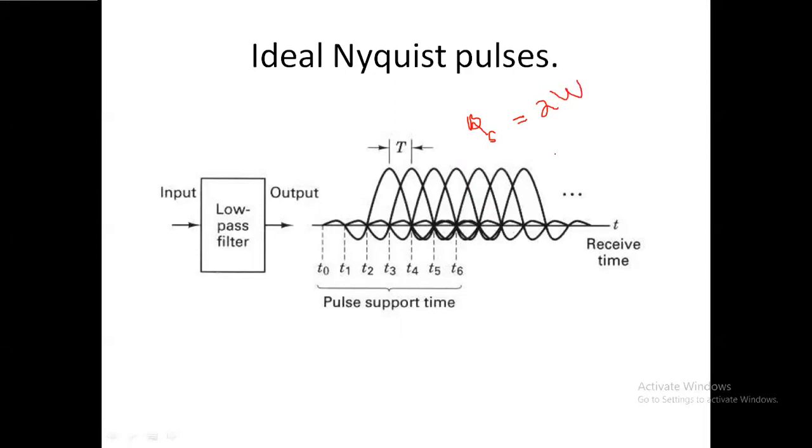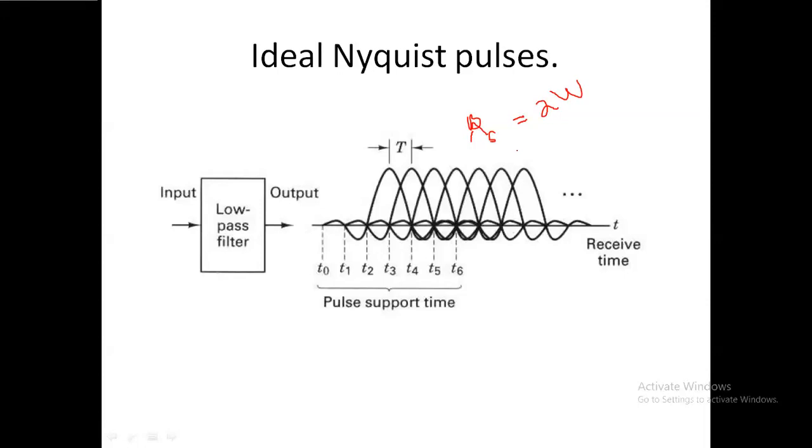This is the Nyquist criteria, that our symbol rate is twice as much as the bandwidth. These ideal pulses can be transmitted at twice the bandwidth. So 2 symbols per second per hertz can be transmitted without intersymbol interference. That's the Nyquist second criteria.